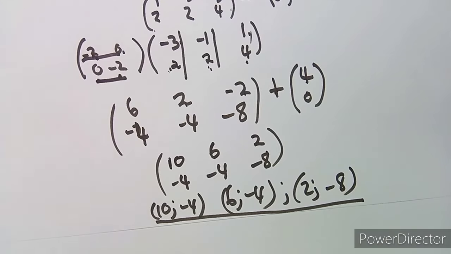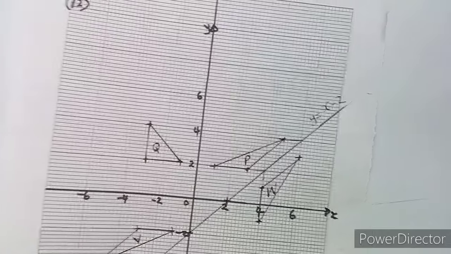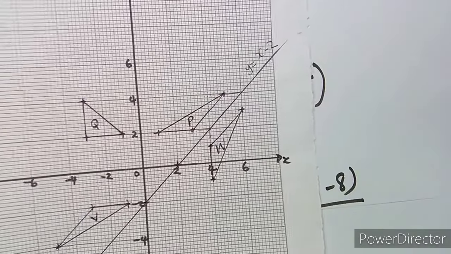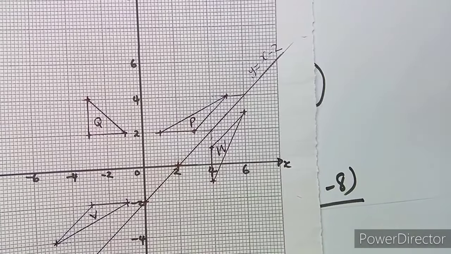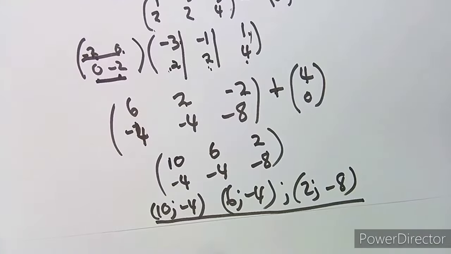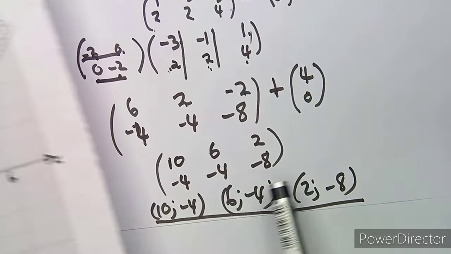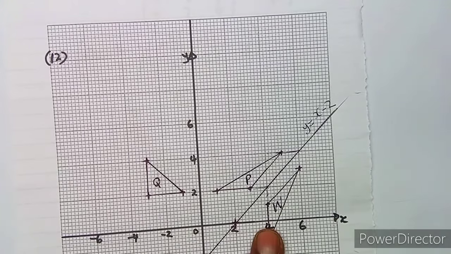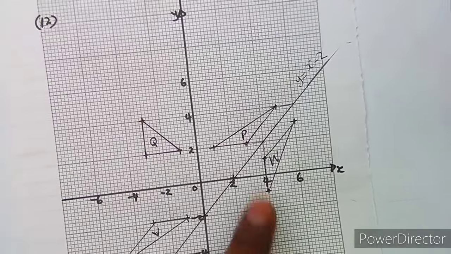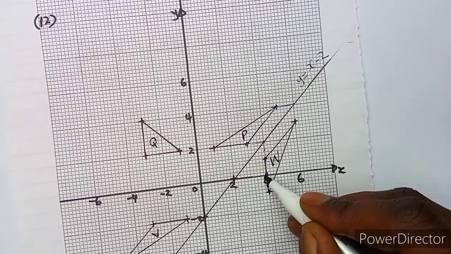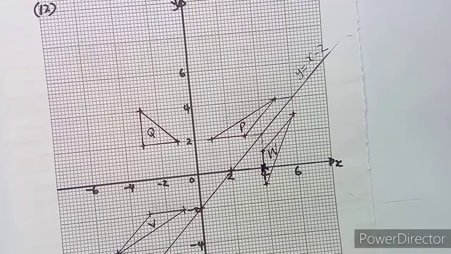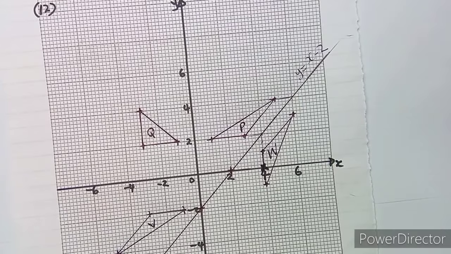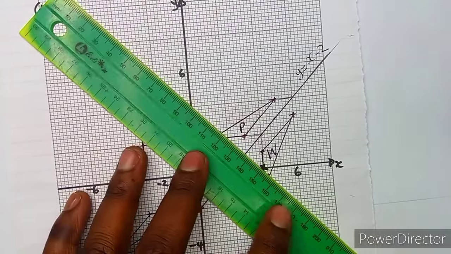Okay, we can even prove this by doing it this way. Remember, this is a scale factor of -2, and our center is (4, 0), somewhere here. That's your center. So from the object, you join points to the center.